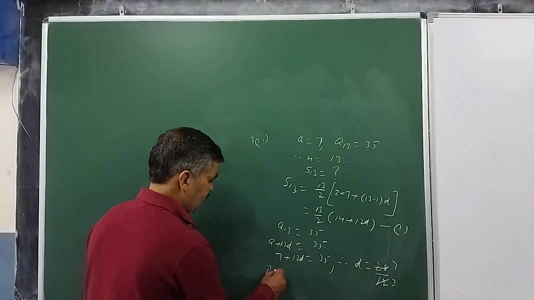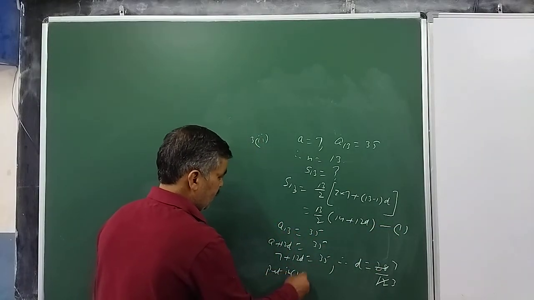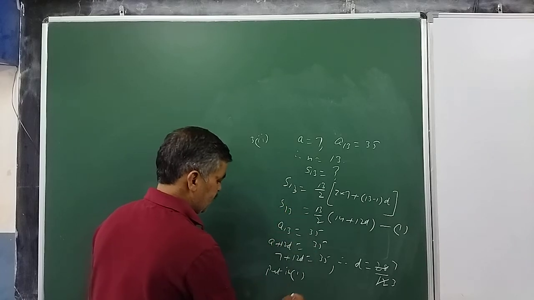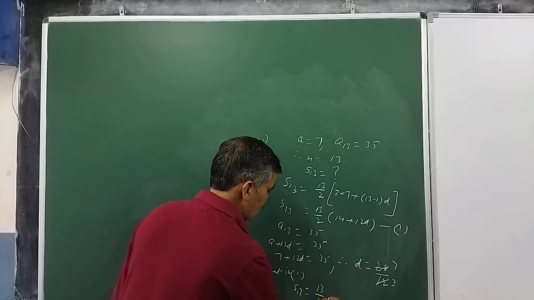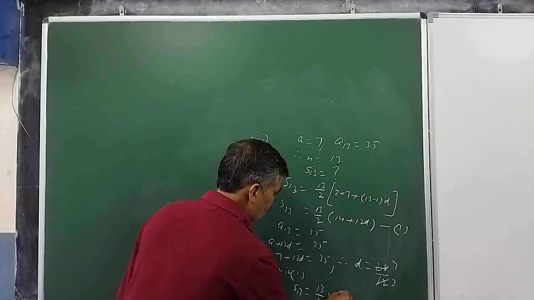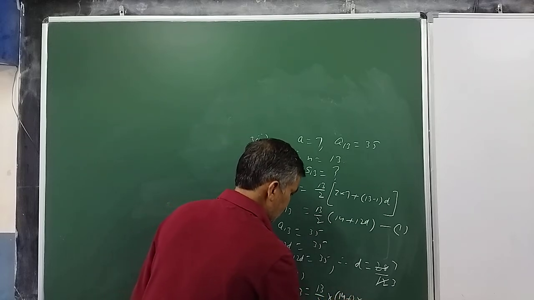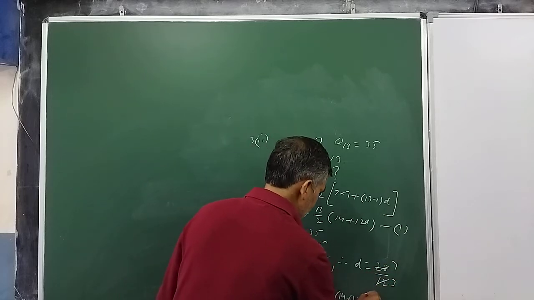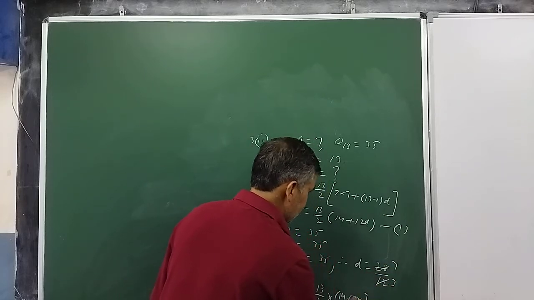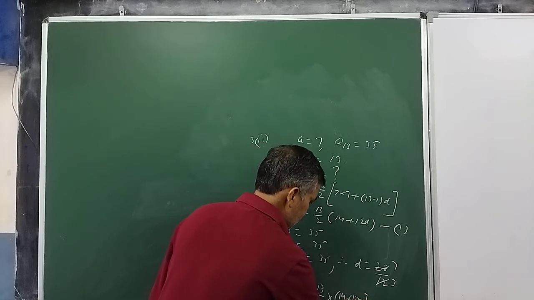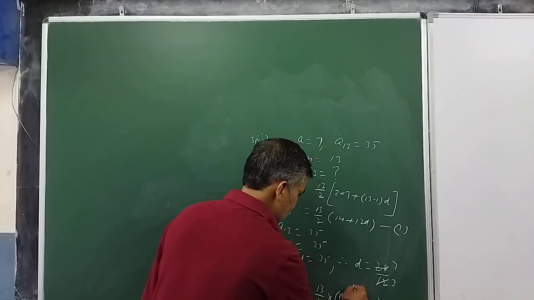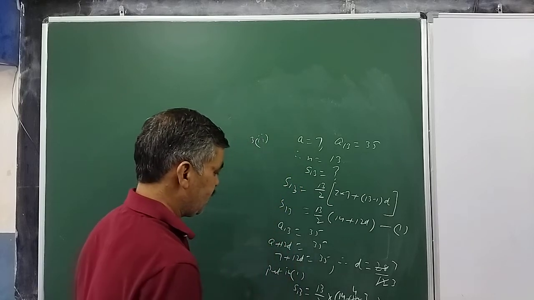Then you can put this in 1. So S13 is equal to 13 upon 2 into 14 plus 12 into 7 upon 3. So you just can cancel it up. 3 4s are 12.